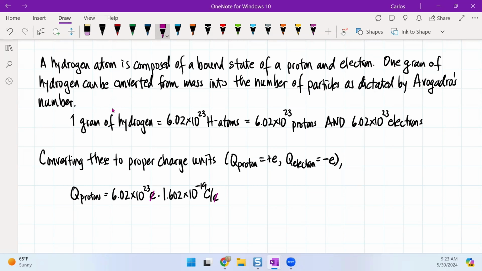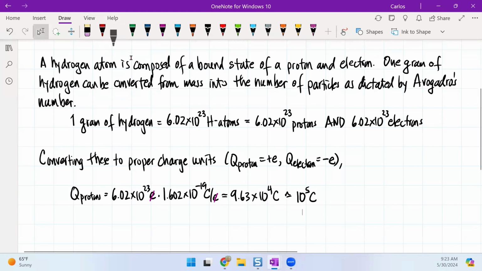So when I compute this value, I'm going to get 9.63 times 10 to the 4 coulombs. But because we're dealing with such large numbers, I'm going to say that this is 10 to the 5 coulombs.